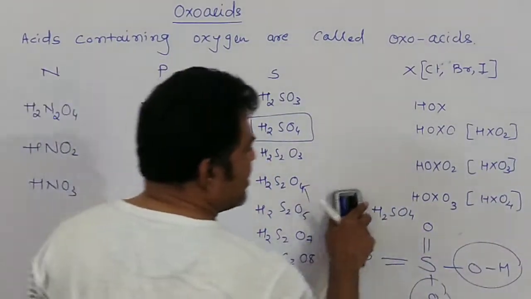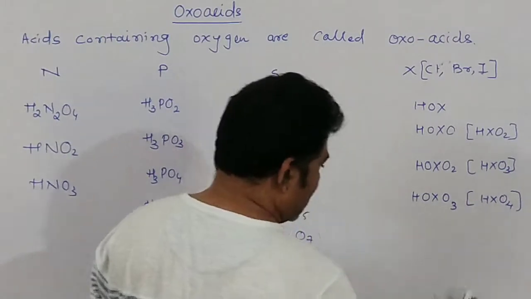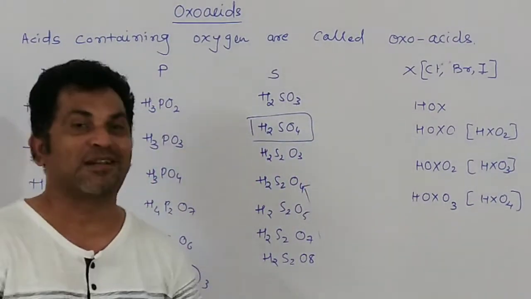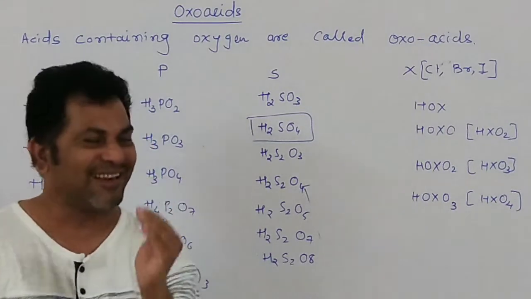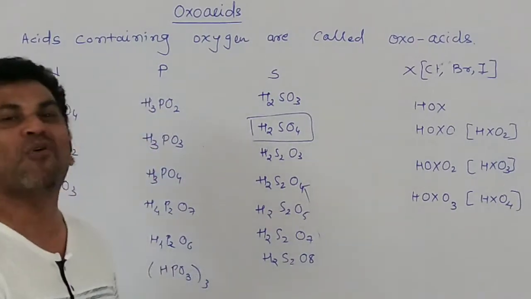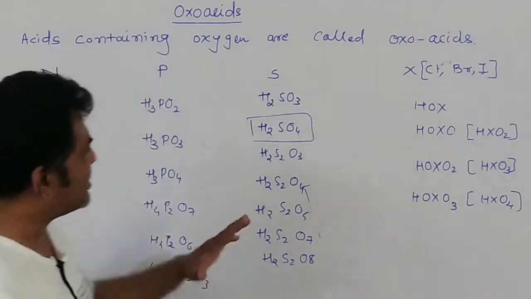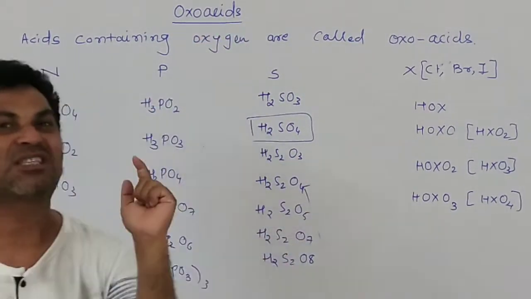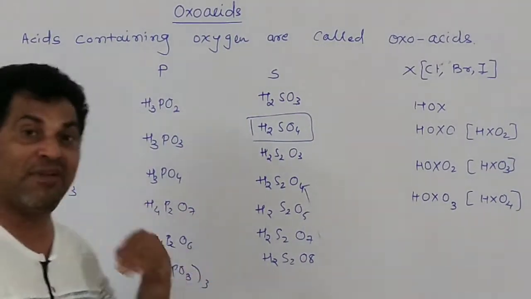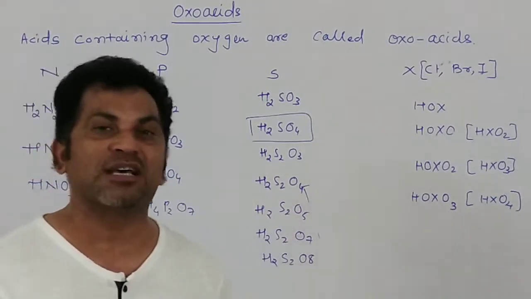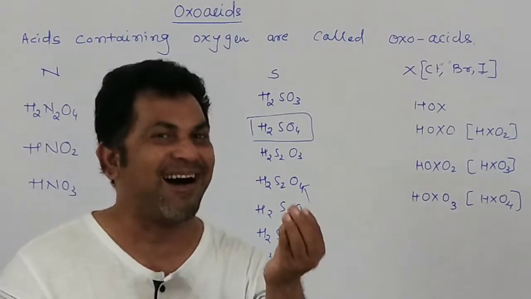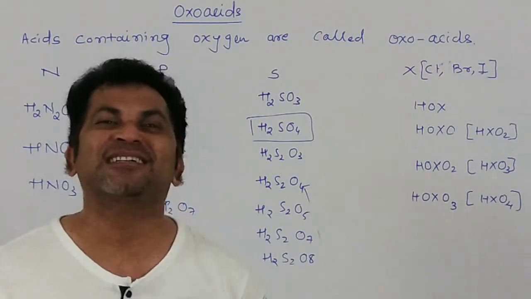Dear students, you will say, okay sir, you are showing us everything, but you are not giving the names. In another part we are going to see the names of these oxo acids. Just get the information about what an oxo acid is and how to draw the structure. First we will see the structure of oxo acids and then we will decide the name, because the names depend on the structure.